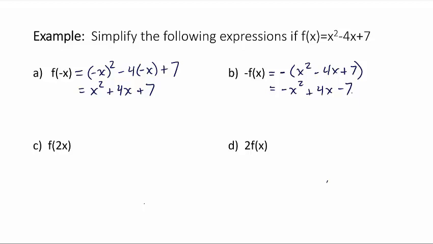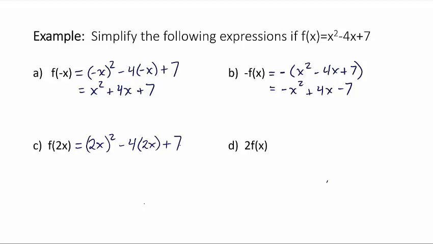Now I want to show you the difference between finding f of 2x and 2f of x, and it's the same concept. So with f of 2x, 2x is now our input. So everywhere we see an x in the function, we're going to stick in 2x. So we've got 2x quantity squared, all of it is squared, minus 4 times the quantity 2x, plus 7.